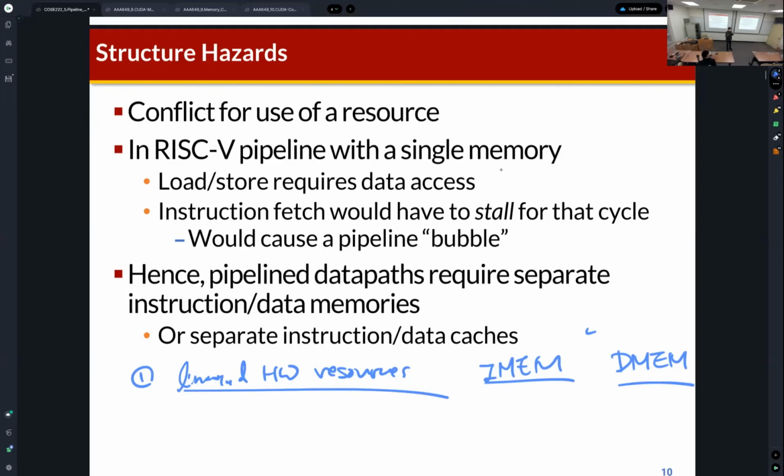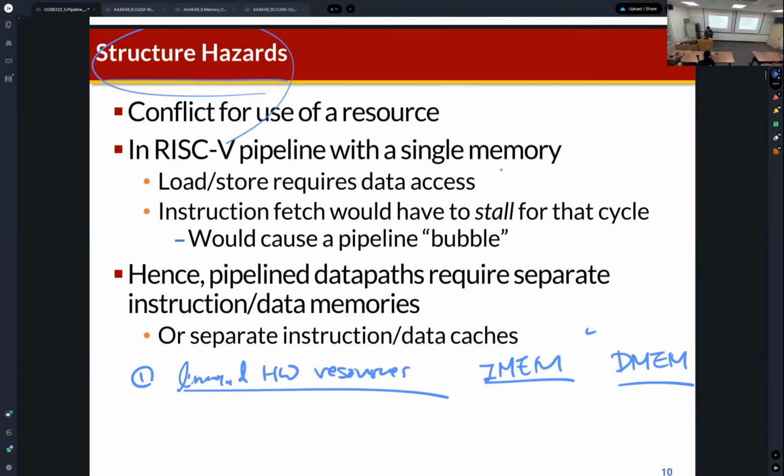But when I explained the single cycle processor architecture, this single cycle processor has two memory components: instruction memory and data memory. Actually, why? Because we want to avoid structure hazard.